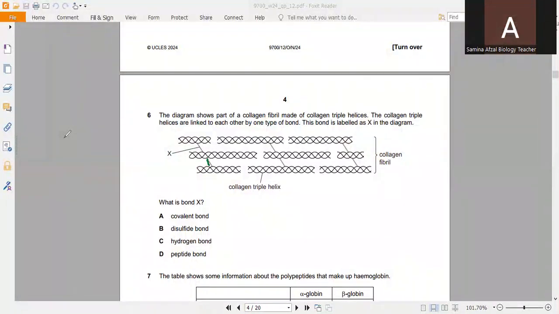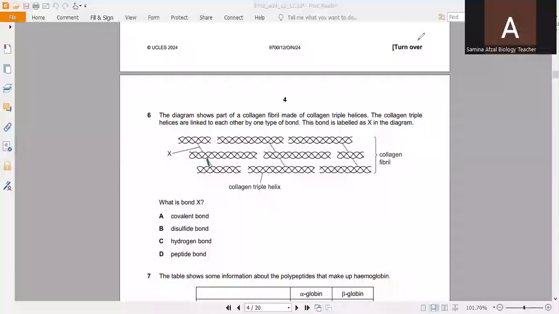They hold tight together. So these collagen fibers are held together by these cross links. And students, these three helices are called a triple helix. So what is bond X?